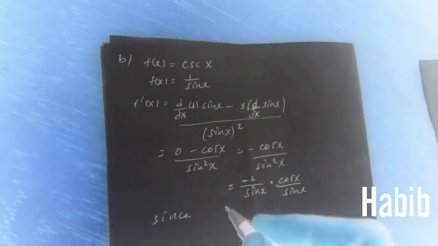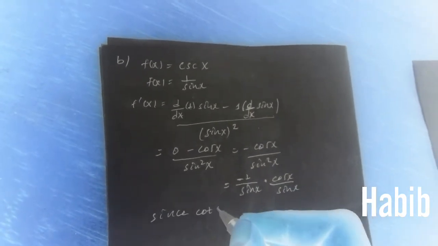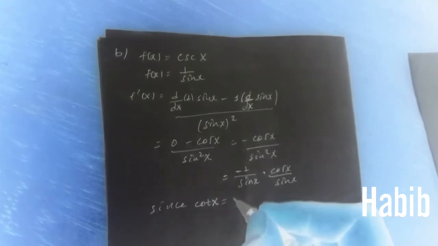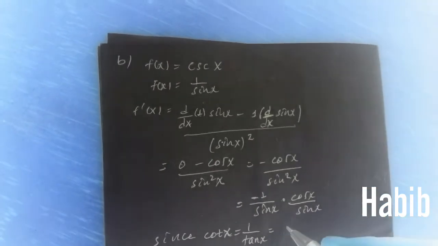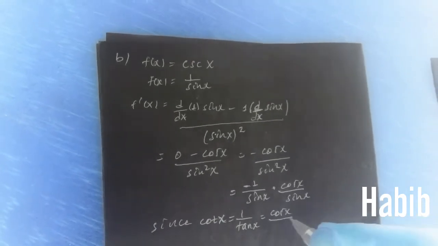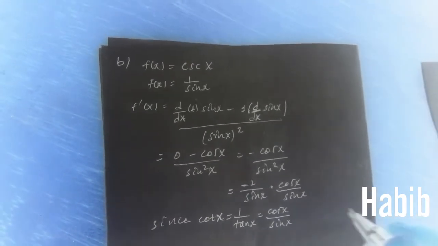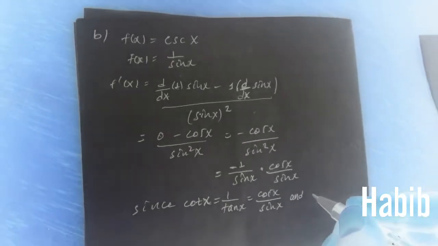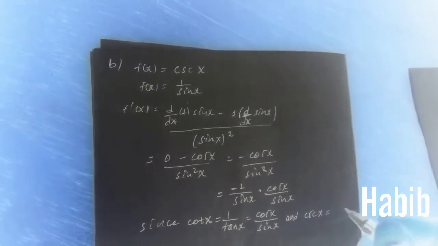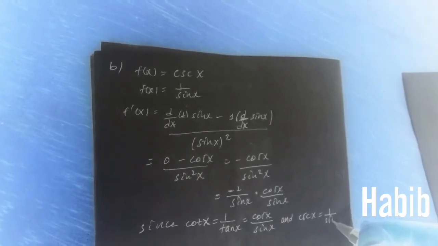Since cot x means cos x over sin x, that is 1 over tan x, and cosec x means cosec x is equal to 1 over sin x.